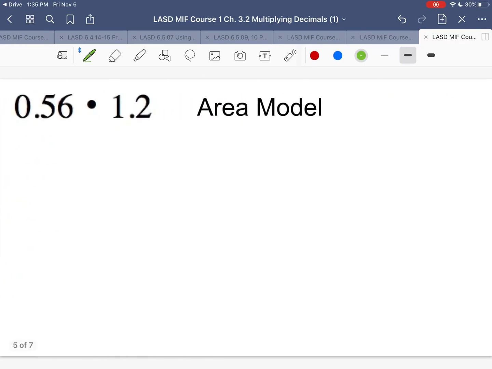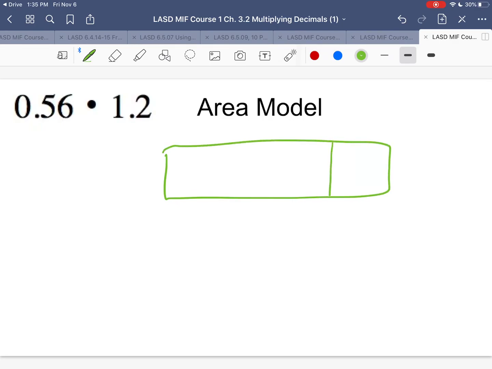We could also draw an area model to represent it, where we would have something like this. It doesn't have to be super accurate or to scale. 1.2 times 0.56. So 1 times 0.56 is 0.56, and 0.2 times 0.56 is 0.112.